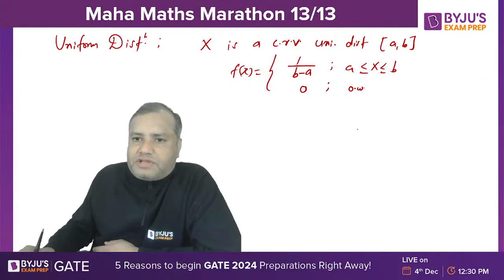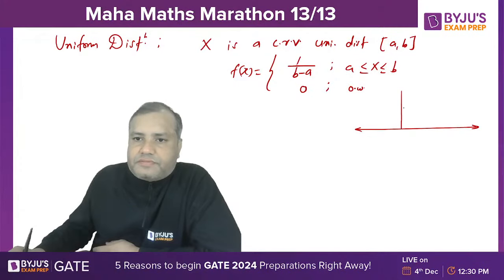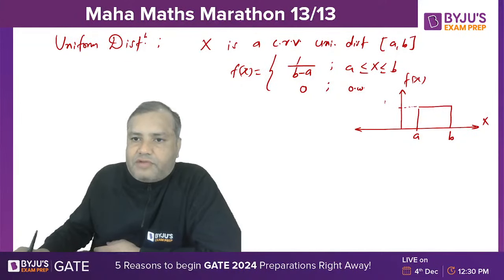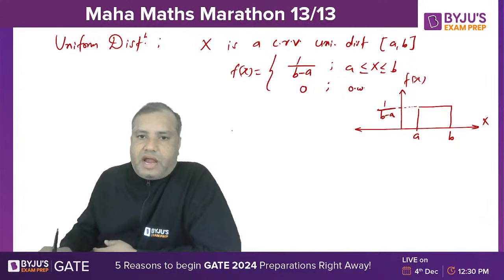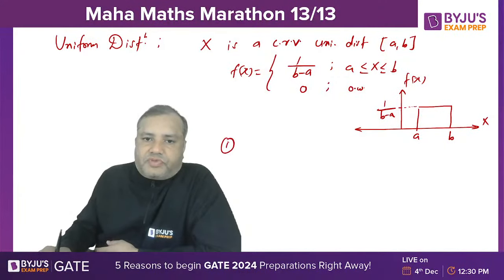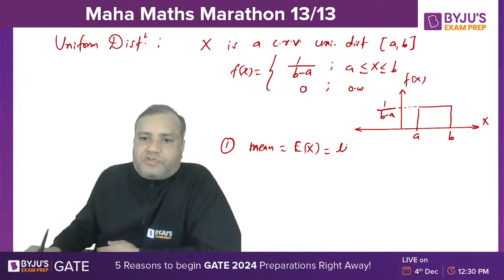So the graph for this uniform distribution in the interval a to b, f of x is achieving a constant value 1 upon b minus a. Okay, and the mean, that is the expectation of x for uniform distribution, is the average of its boundary values.